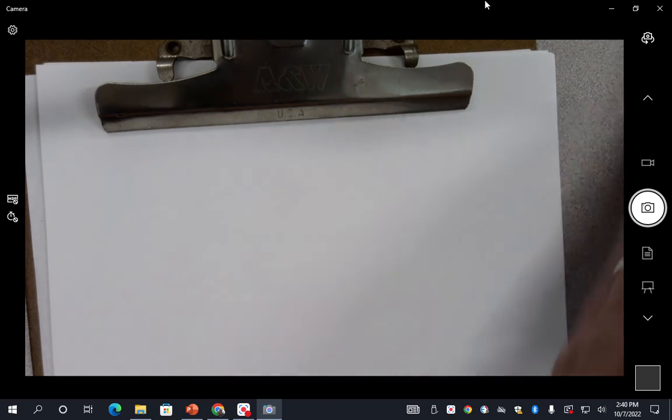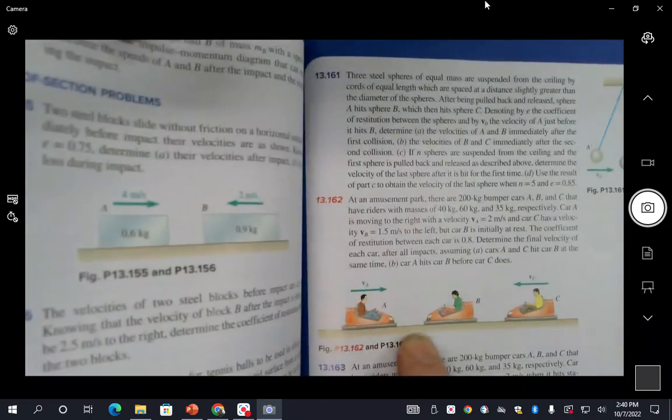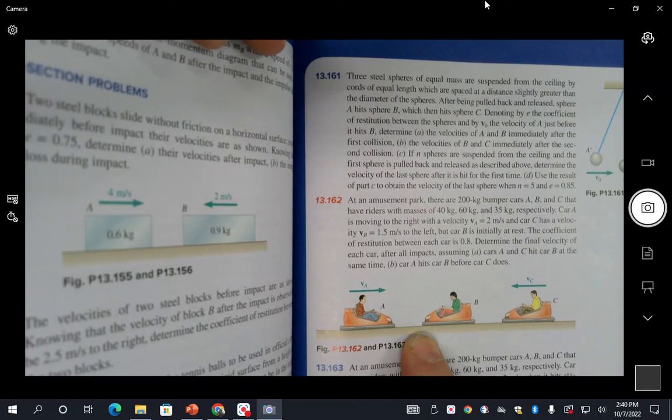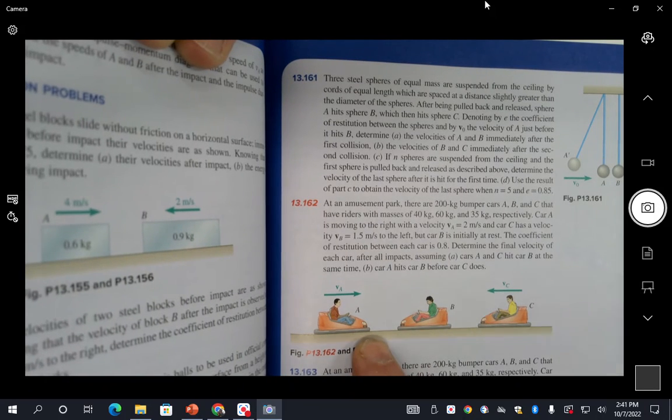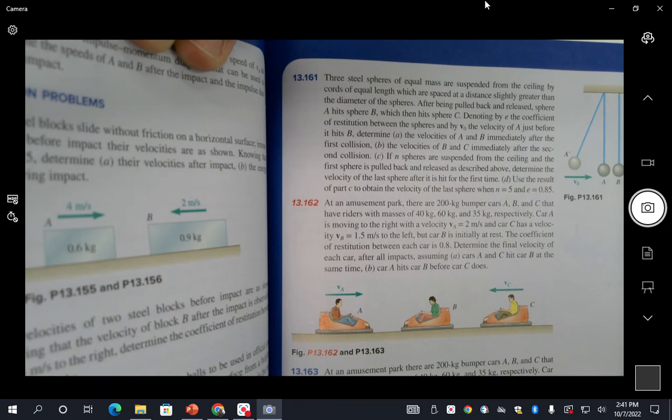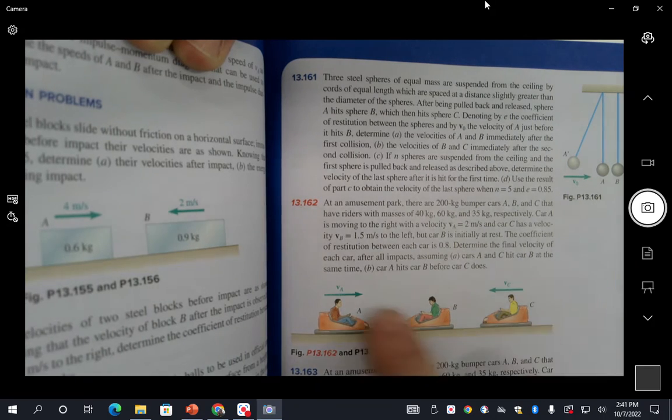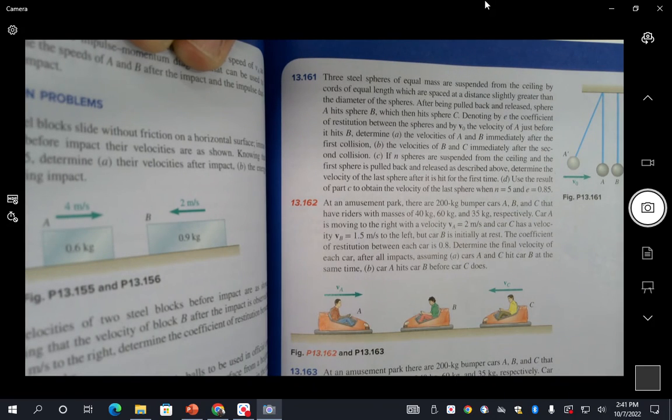I've asked a bunch of these kinds of problems before, the bumper car ones. Only one direction. So there's a coefficient of restitution going on here, and you get different masses, so you get two equations and two unknowns.